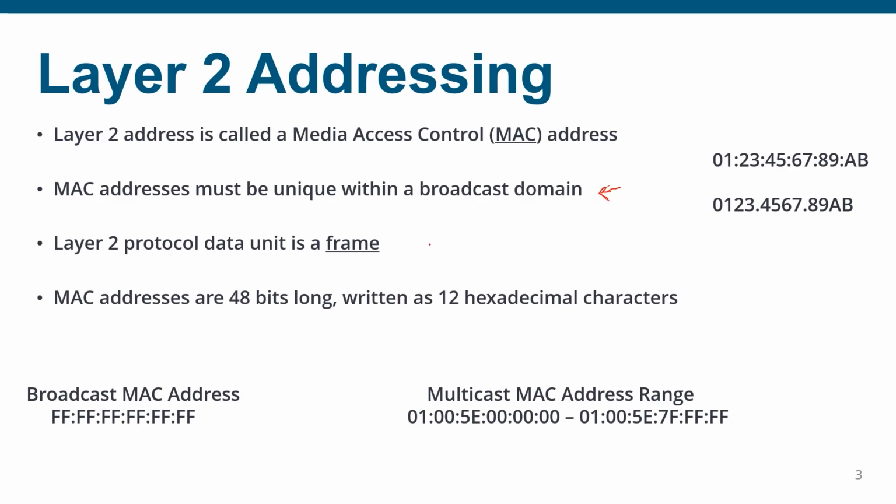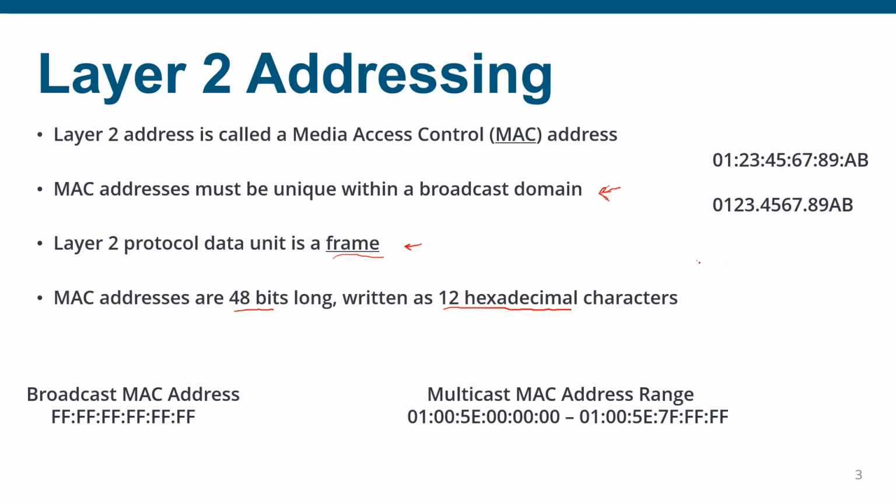As I just mentioned, the Layer 2 protocol data unit is the frame. And MAC addresses are 48 bits long. This is written as 12 hexadecimal characters. You may or may not be familiar with hexadecimal.